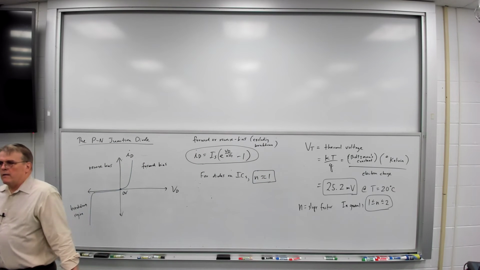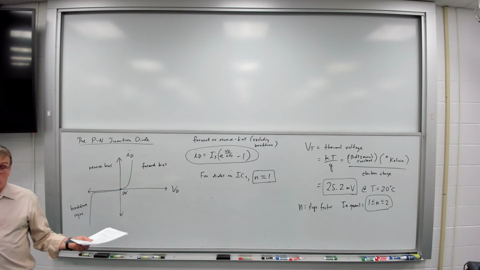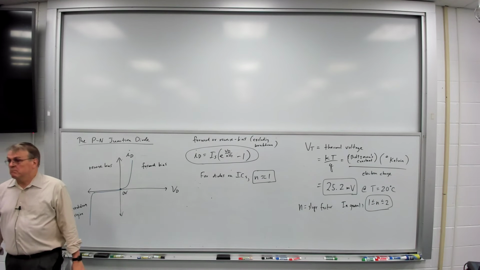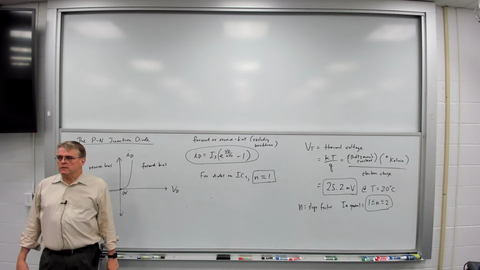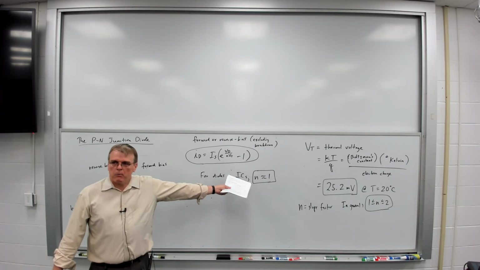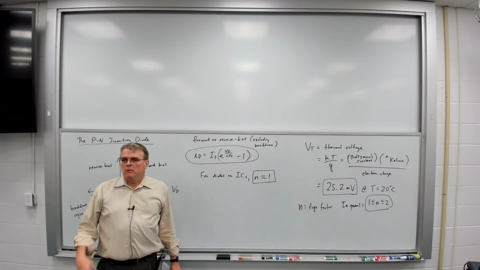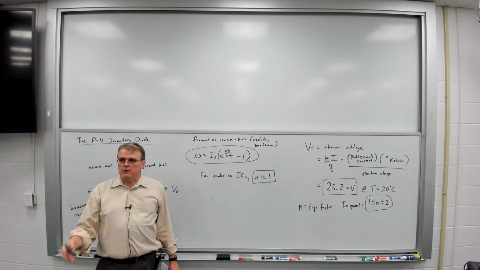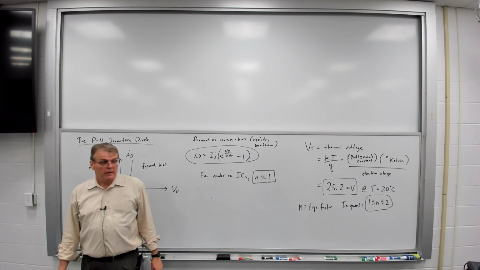So we're going to assume, unless I tell you otherwise, a slope factor of 1. It's a good approximation, and it'll be fine for the homework problems we're going to do. In an actual IC process, it might be slightly larger. Once again, those are numbers that the semiconductor characterization people will be able to tell you.